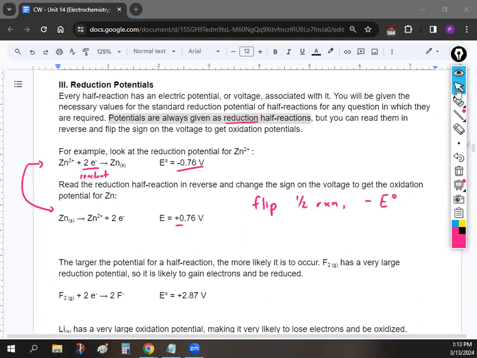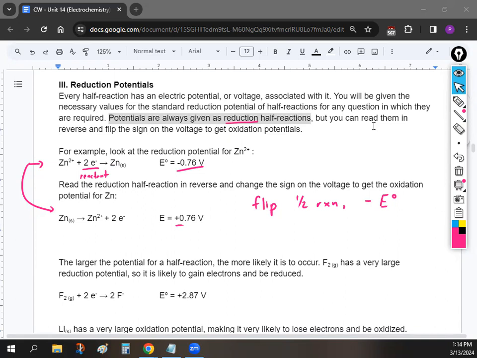Similar to enthalpy, if you flip a half reaction, you have to multiply the electrical potential by negative. So that's the part that's similar to enthalpy. All right, so far so good, guys?